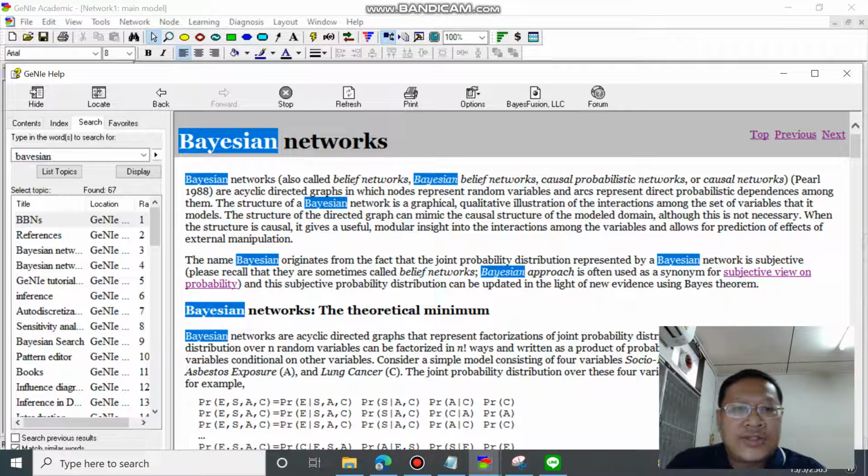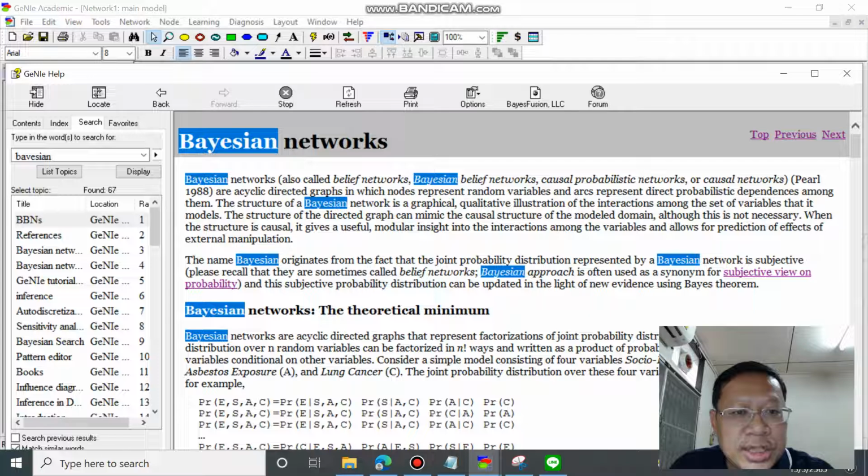The structure of a Bayesian network is a graphical, qualitative illustration of the interaction amongst the set of variables that it models. The structure of the directed graph can mimic the causal structure of the model domain, although this is not necessary.